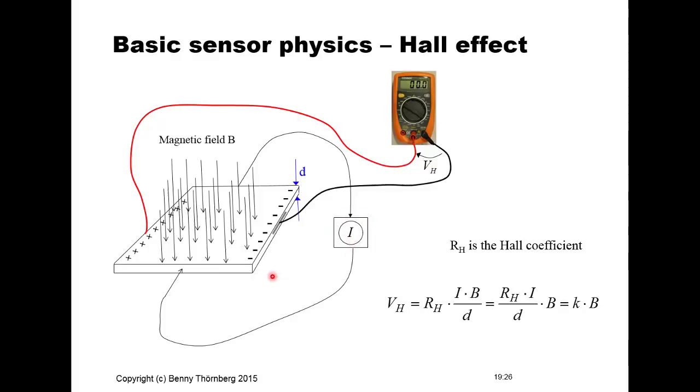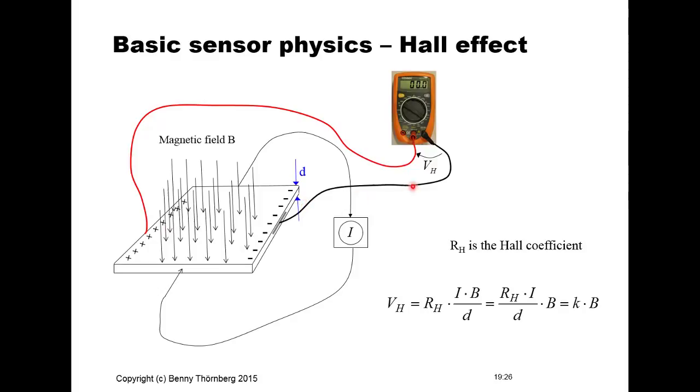This material is exposed to the magnetic field, and when the motion of the charges traveling through the material bends towards one direction, you will have an accumulation of positive charges on one side and negative charges on the other side. This difference in potential can be measured by a voltage meter from the outside if you add this detecting connection here.